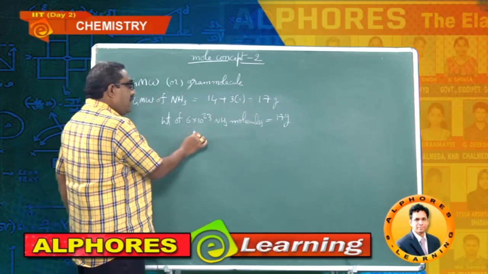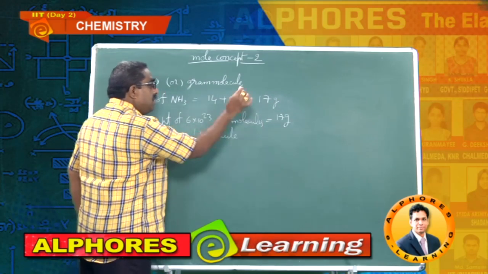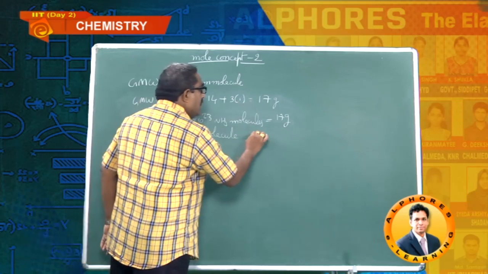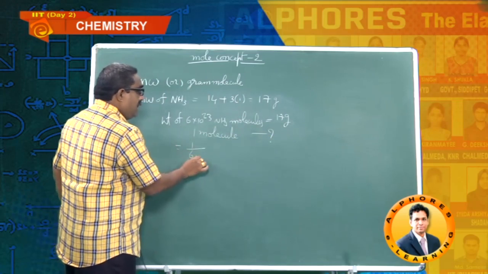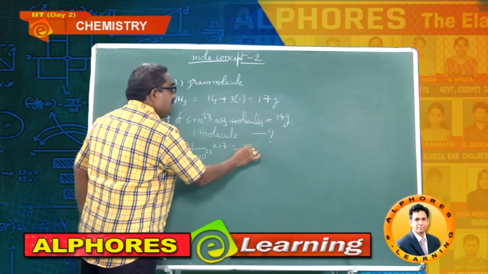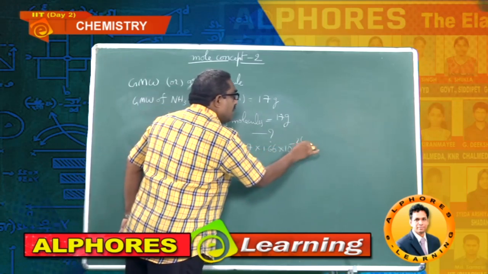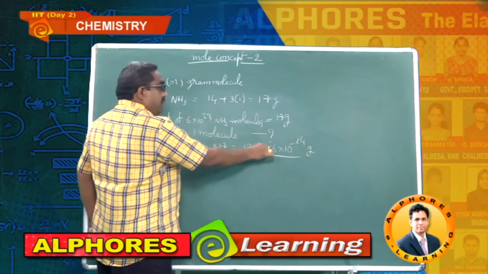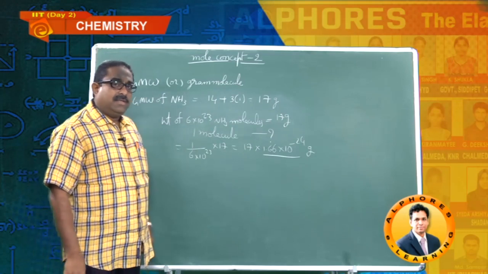But if I want to calculate only the weight of one molecule, then I can solve like this: 1 by 6 into 10 power 23 into 17. This is 17 into 1.66 into 10 power minus 24 grams, which is nothing but one atomic mass unit.